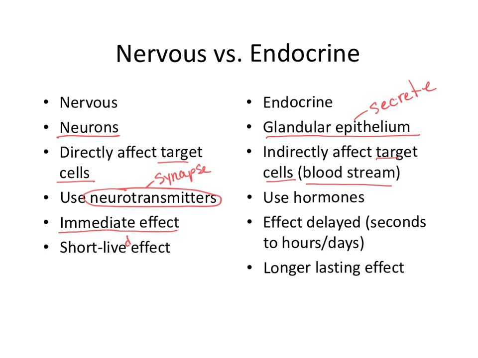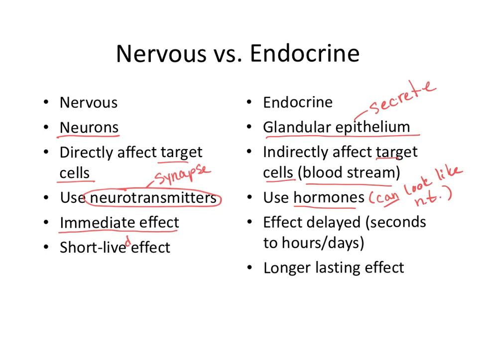So this is much less specific than the neurons using a synapse. Instead of neurotransmitters, we use hormones. But there is a little trick here. Hormones can look like neurotransmitters. Okay?